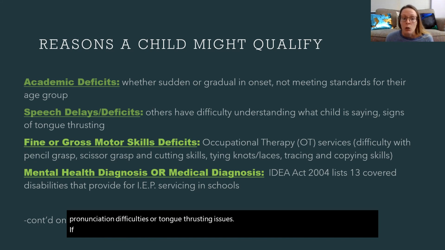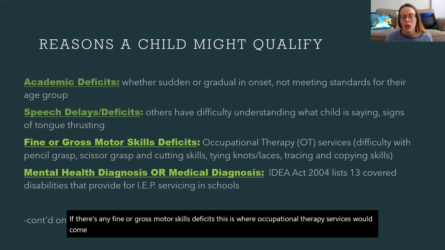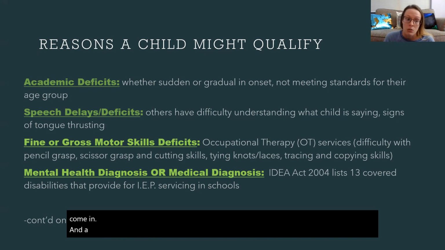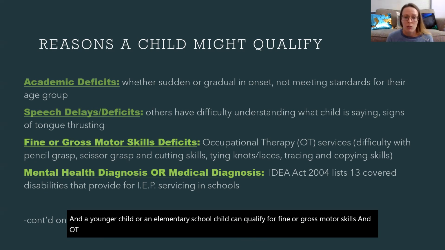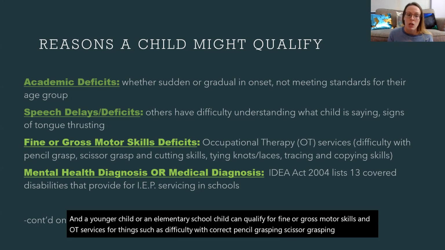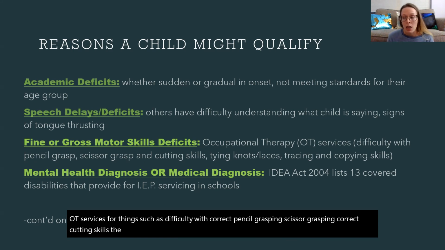If there's any fine or gross motor skills deficits, this is where occupational therapy services would come in. And a younger child or an elementary school child can qualify for fine or gross motor skills and OT services for things such as difficulty with correct pencil grasping, scissor grasping, correct cutting skills, the ability to tie knots and laces with like 70% reliability, or even tracing and copying skills.